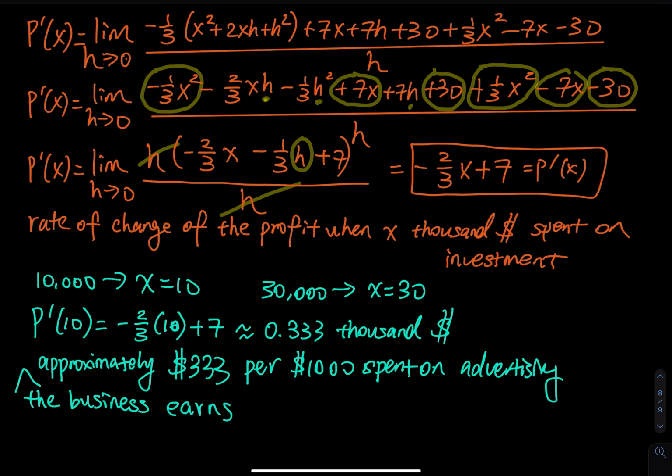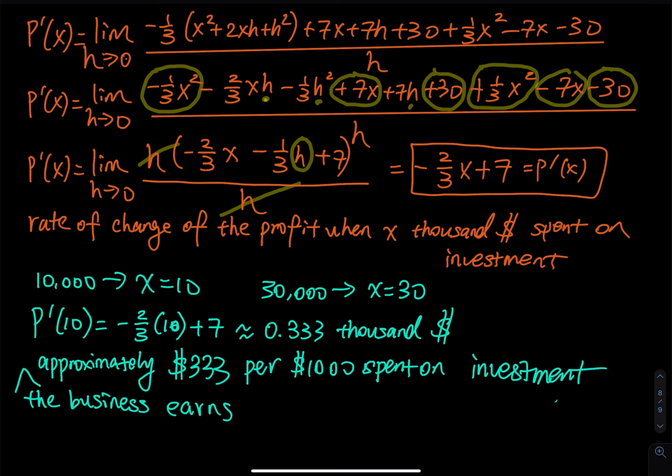Oh, why did I say advertising? That should be investment, right? So let's say I decide to invest $1,000 right now. So on average, my profit goes up by $333.